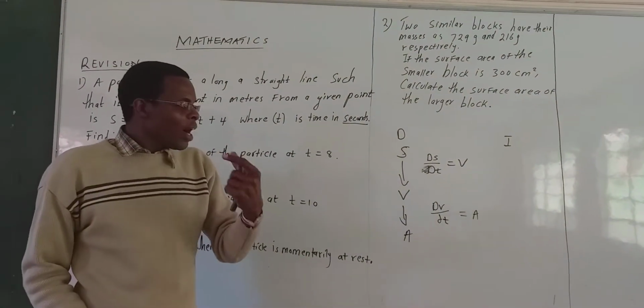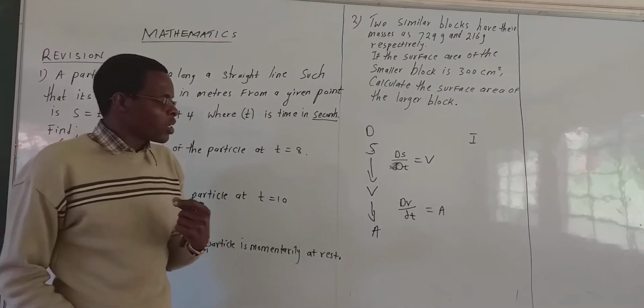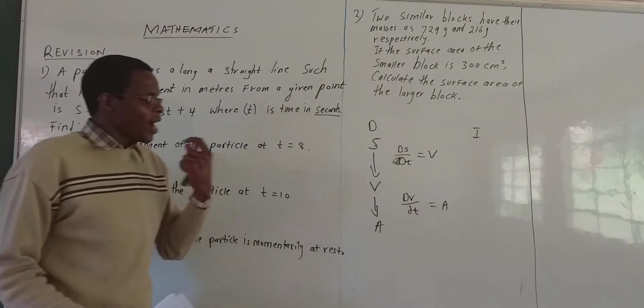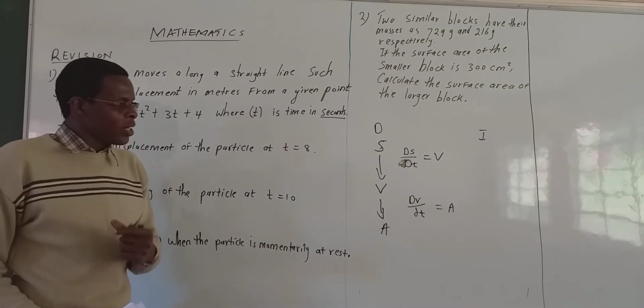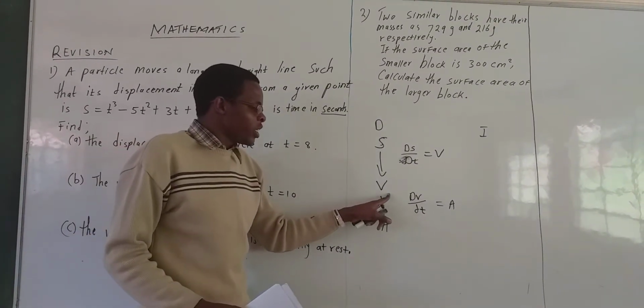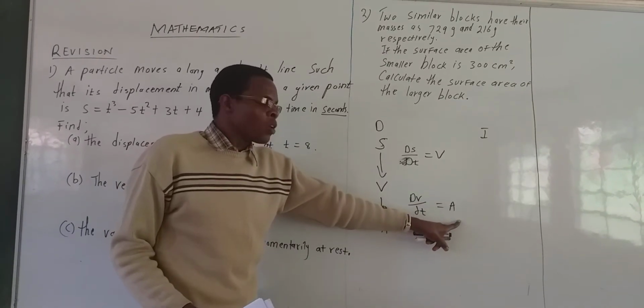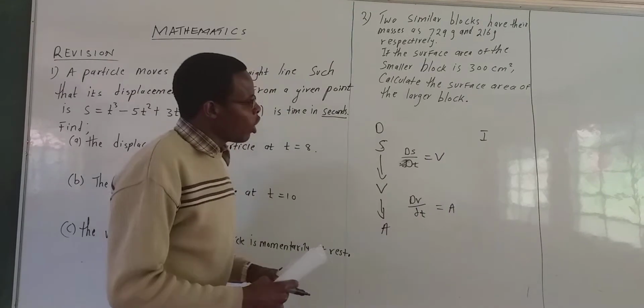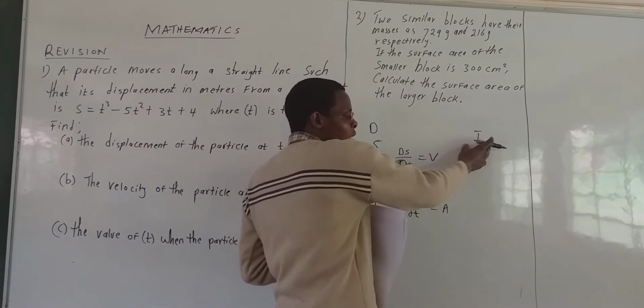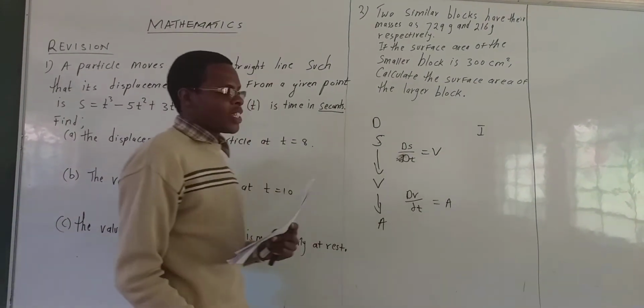Then, if we have the velocity and we want to find acceleration, we differentiate velocity in terms of dv over dt to come up with the acceleration. Now, the opposite is true when we talk about integration, because we start with acceleration.